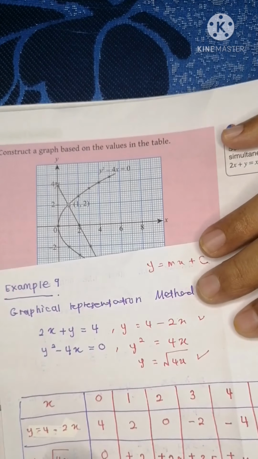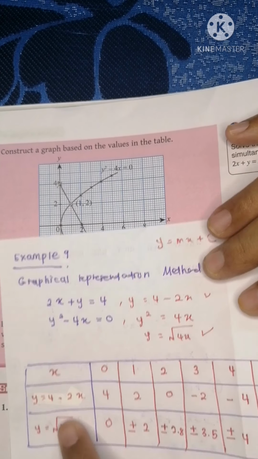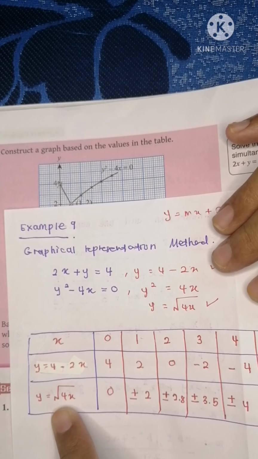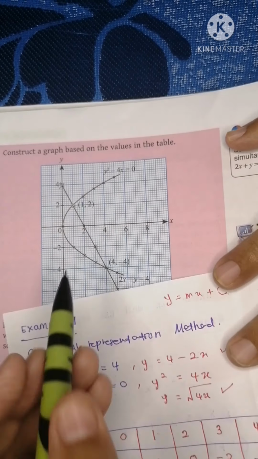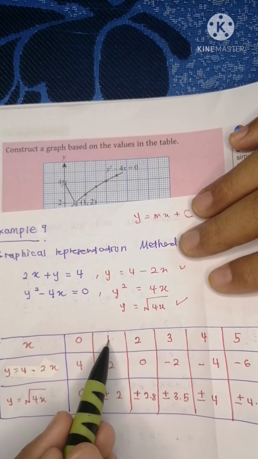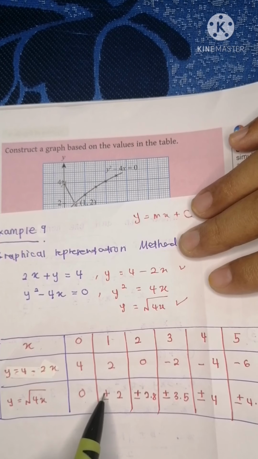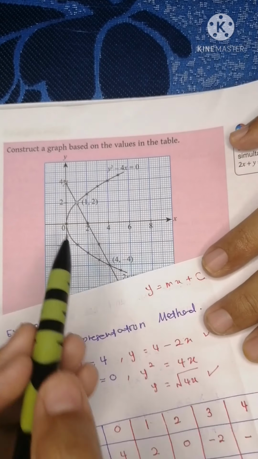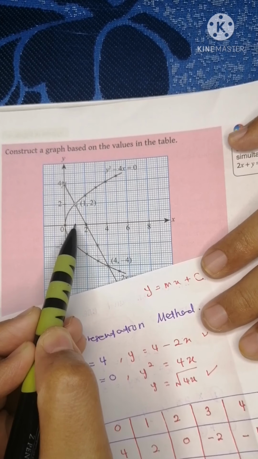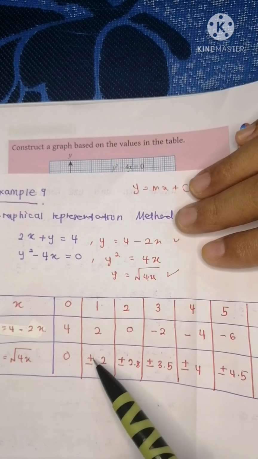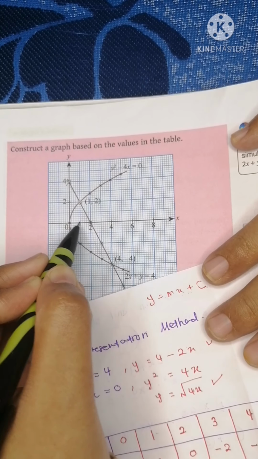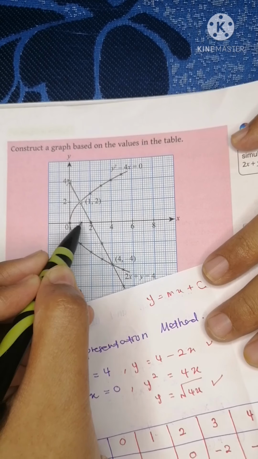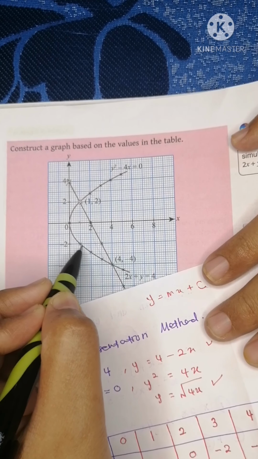After that, proceed with the second equation. When x is 0, y is equal to 0, so point 0, 0. And then when x is 1, y is equal to plus minus 2, so you need to plot 2 points, positive 2 and negative 2.